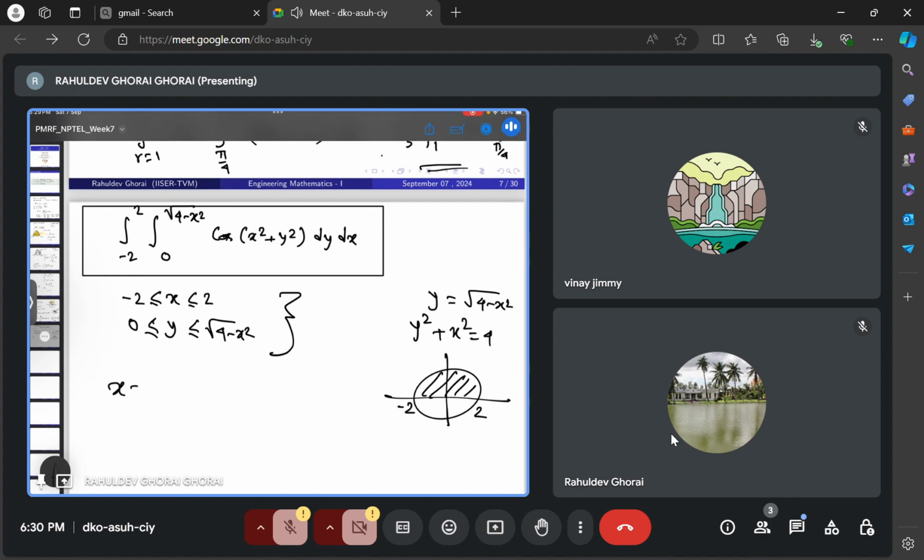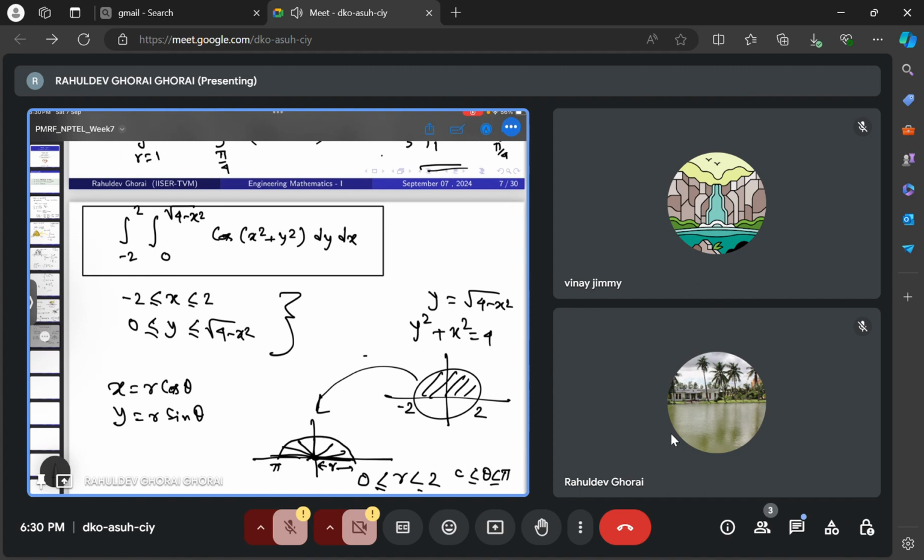So what is that? x equal to r cos theta, y equal to r sin theta. Then the same thing in polar coordinates: it was x y, now r theta. You can vary r from 0 to 2, and theta you vary from 0 up to pi.